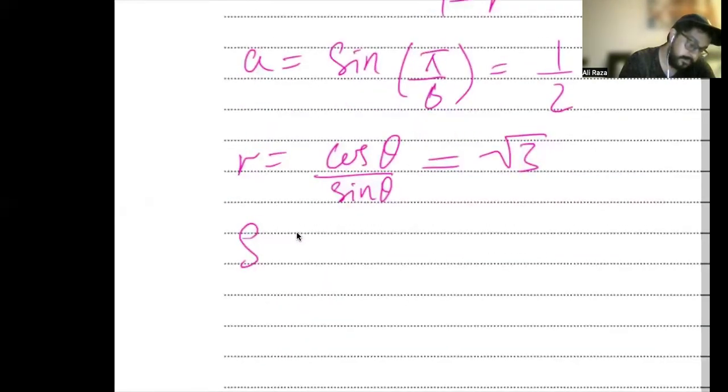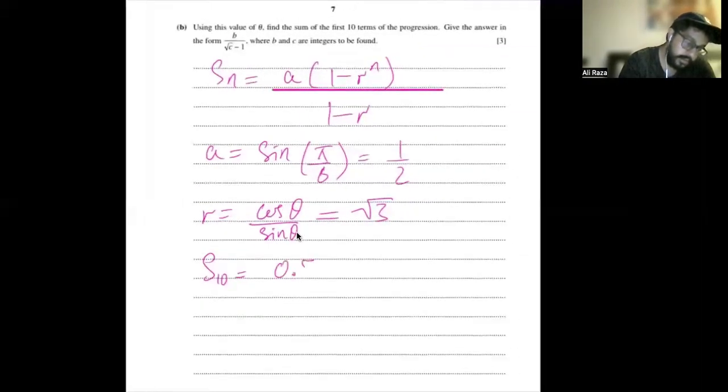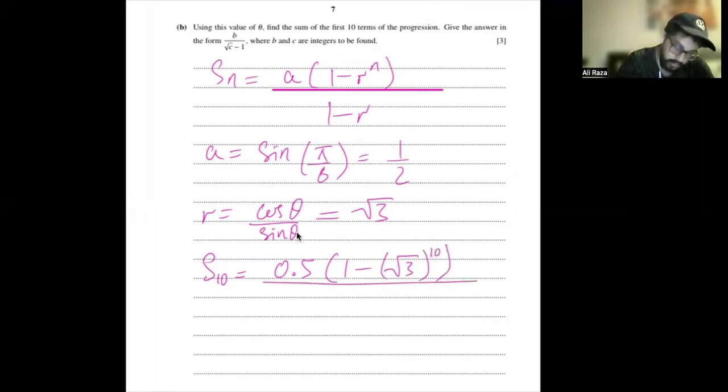Now we'll plug these values in the formula for the sum. S10 is equal to 0.5 times 1 minus root 3 to the power 10 upon 1 minus root 3.